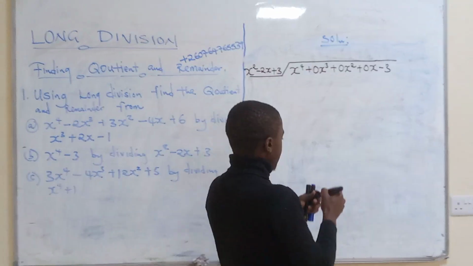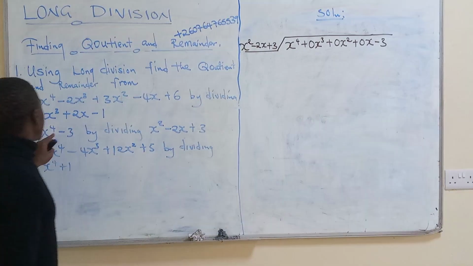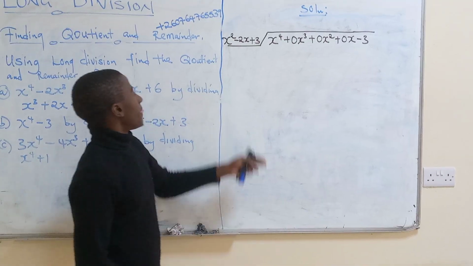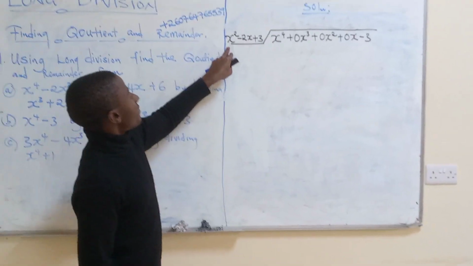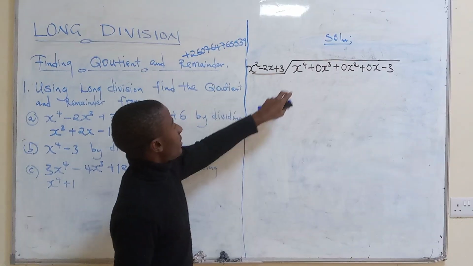Me writing like this simply means that this is the same as x to power 4 minus 3.